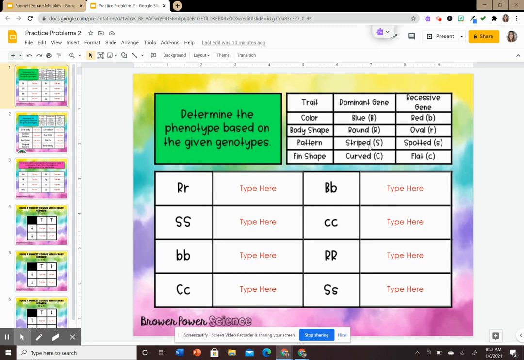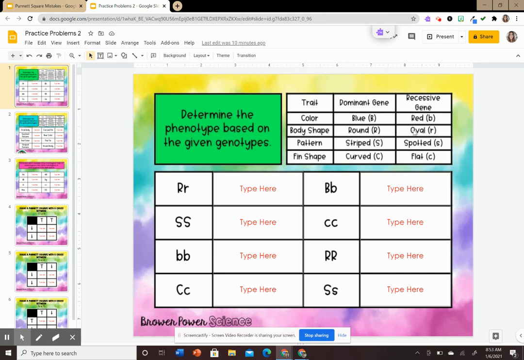Okay, well, if we come over here, big R represents a round body shape, and little r represents an oval body shape. Well, they can't be round and oval, right? They are two different things. So let's go back and let's think about this. It's been a couple of weeks.